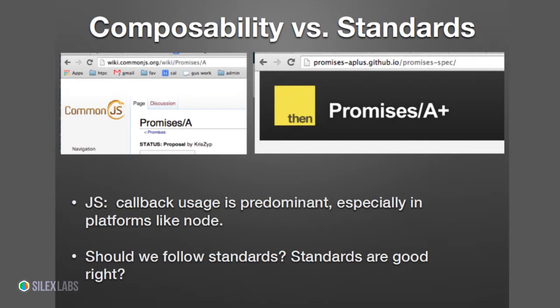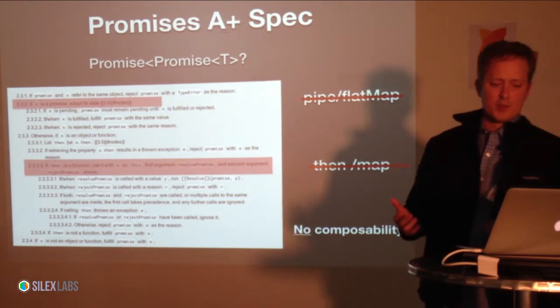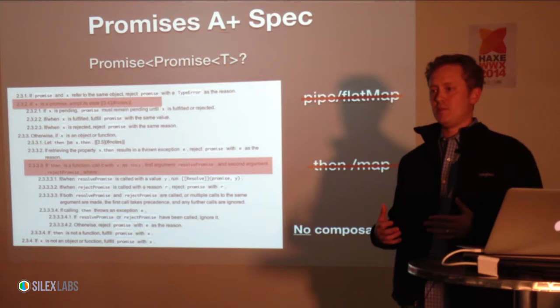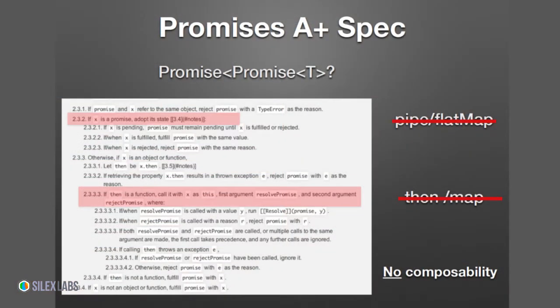So I spent some time and I really looked into what these specs were doing, and one of the things that I was struggling with was how complicated some of the logic was for resolving a promise. And part of the problem is that according to the spec, whenever a promise is resolved, the spec says that you should inspect the value of the promise and then change the behavior based on what the type is.